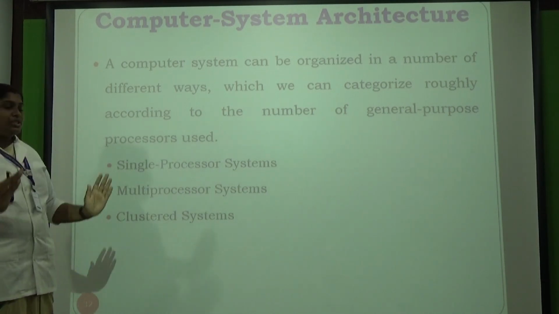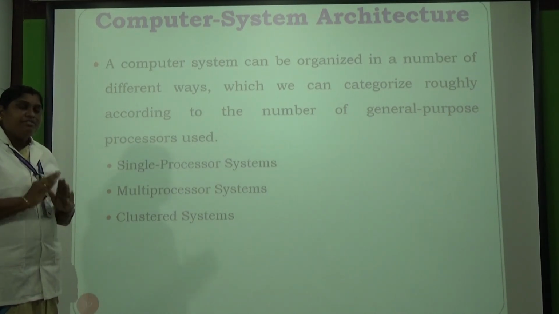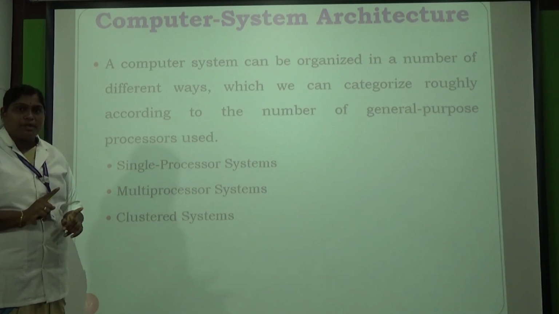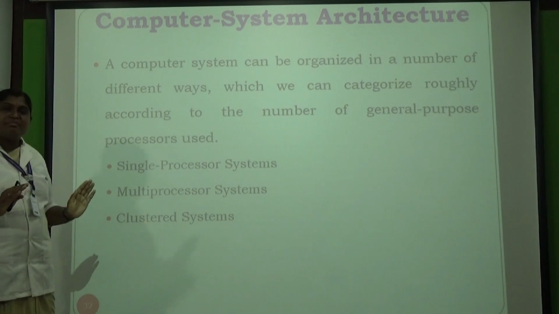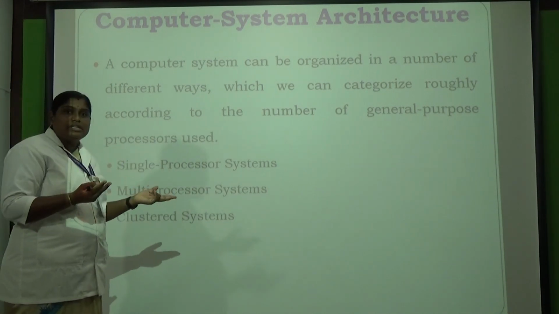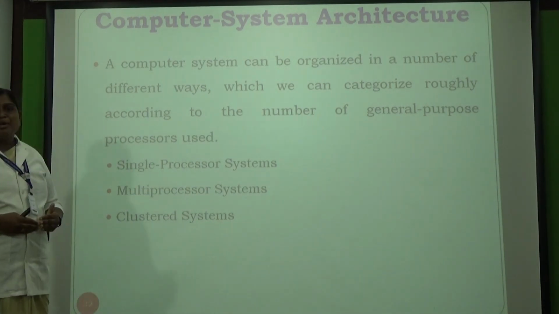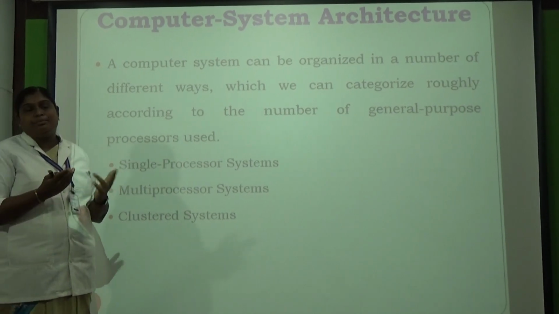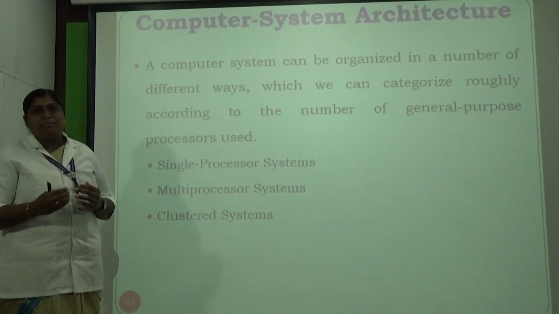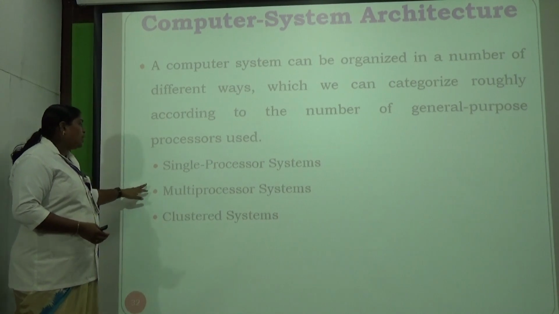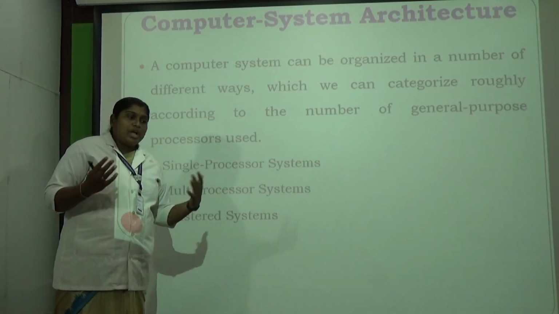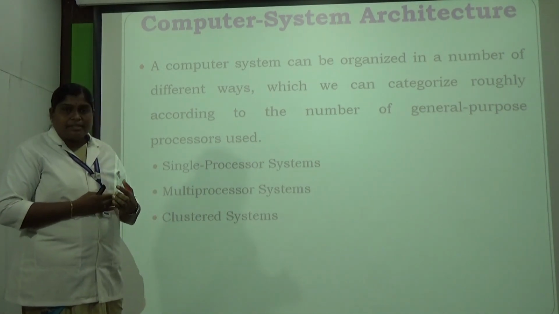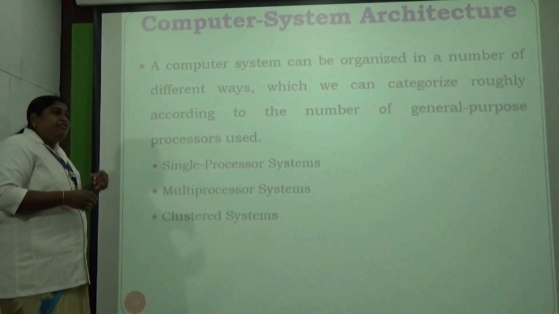All operations and all interrupts will be handled by the single processor. A multiprocessor system will have a common memory, with different processors running using that common memory. Two or more processors commonly use a single memory, and that is called a multiprocessor. In a cluster, we connect multiple devices with multiple memories.